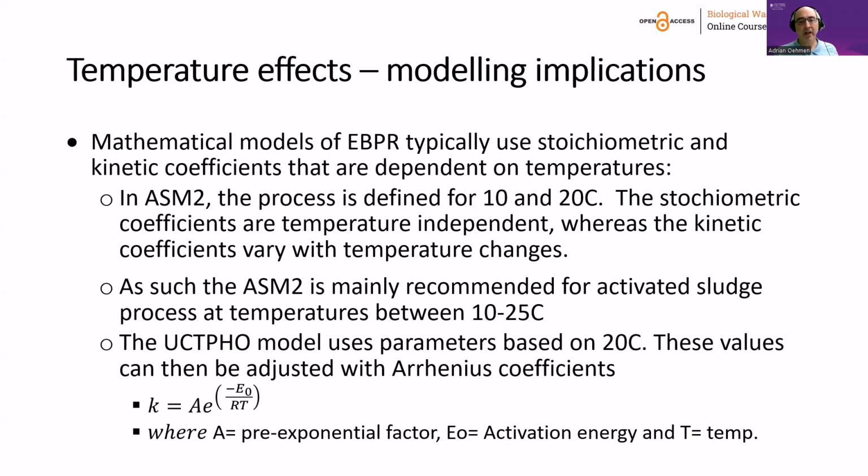So these Arrhenius coefficients would be like a pre-exponential factor, the activation energy, and the temperature with a universal gas constant. That would be effectively an Arrhenius relationship with Arrhenius factors. That can form part of the models for EBPR in order to correct for temperature impacts. Okay, and that has been used in quite a large number of EBPR models.